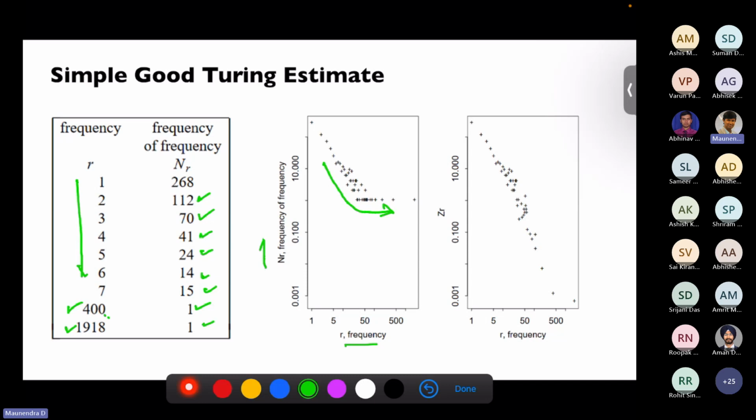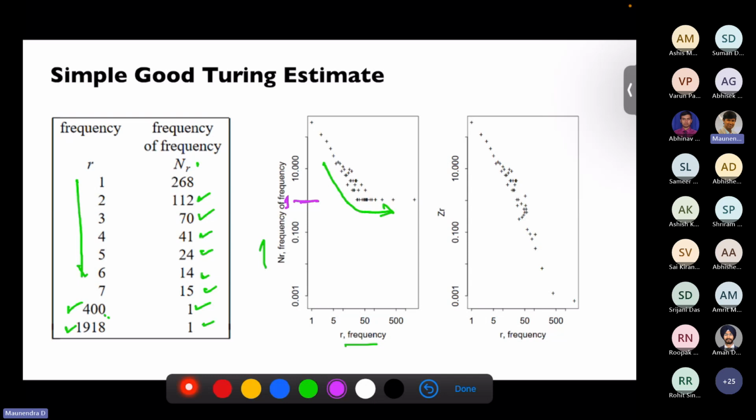This plot is on log scale. The x-axis reports log of r, the y-axis reports log of Nr. What you see here is that this one is 1. No word can have frequency less than 1, so there is nothing below it.